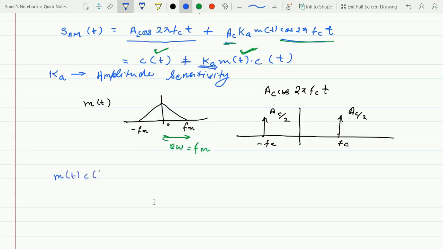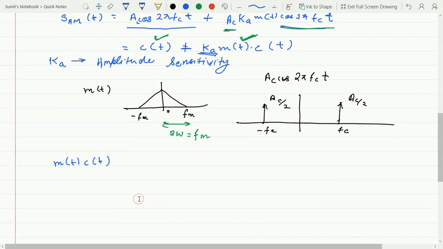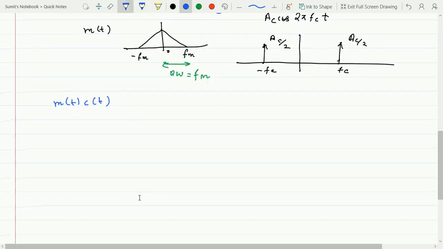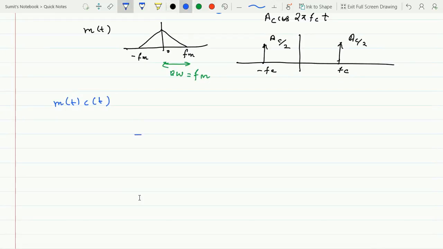So m(t) into cos(2πfct), we know this is the modulation property. If you multiply something with cos, your spectrum gets shifted. So now if your original spectrum was centered about the origin, now instead of the origin it will move to frequency fc, and similarly on the left hand side it would be minus fc.